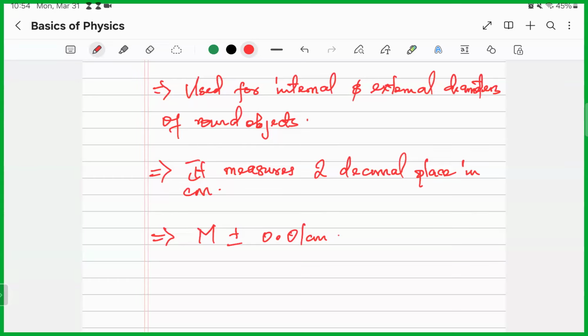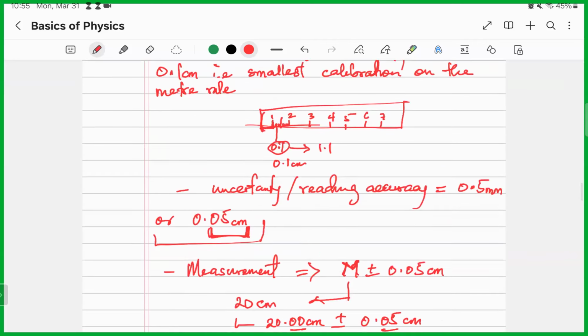We also saw that it measures smaller lengths than the meter rule. As in the case of the meter rule, we had plus or minus 0.05 centimeter, right? Can always backtrack.